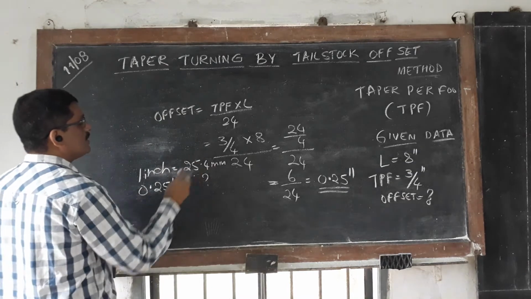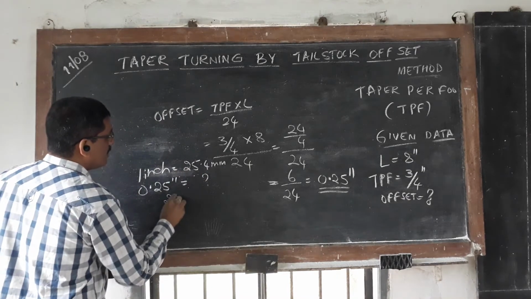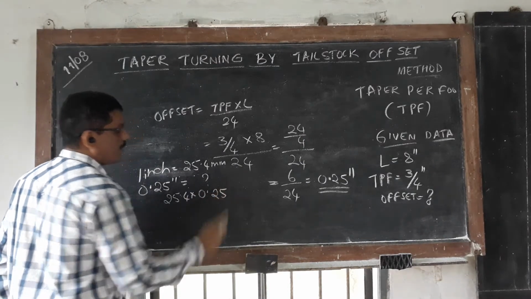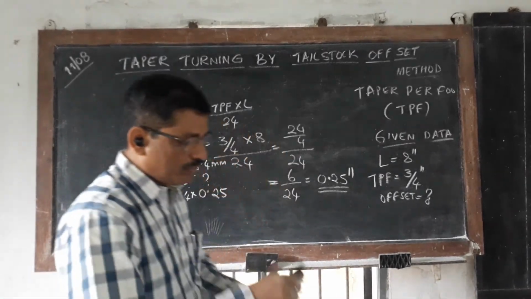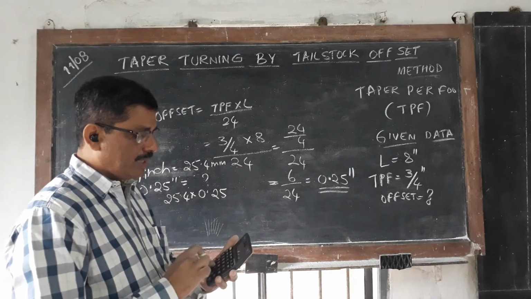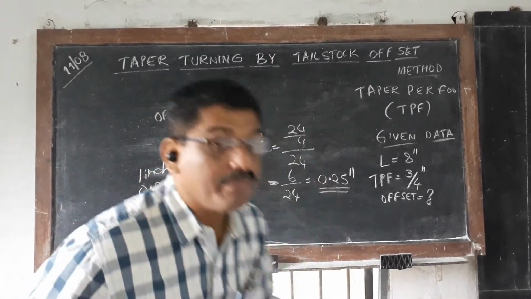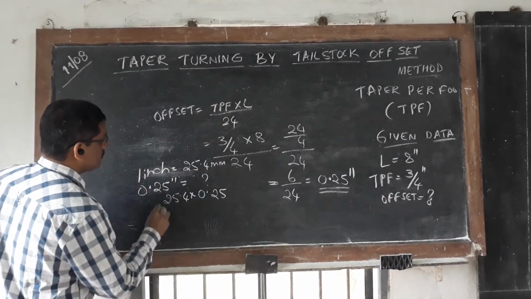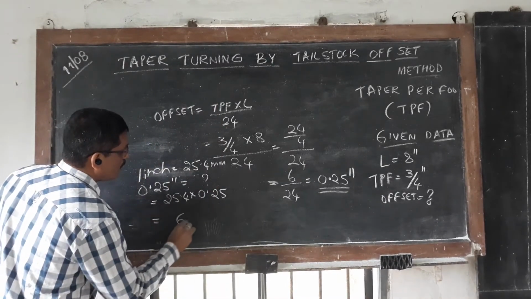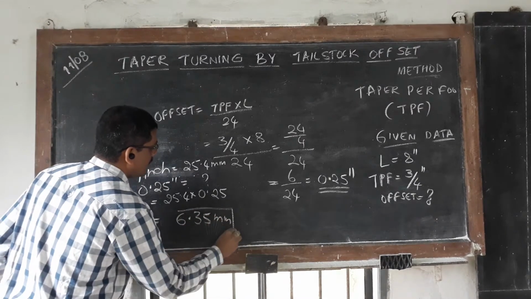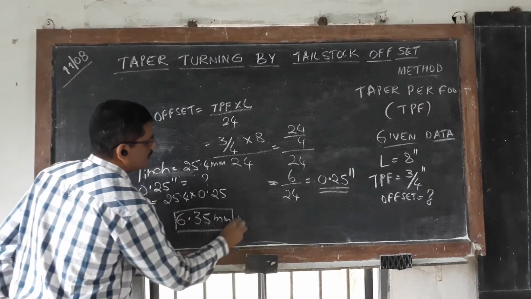Nothing but, you just have to multiply, that's enough. 25.4 into 0.25, so it becomes 6.35 mm. So this is the answer.